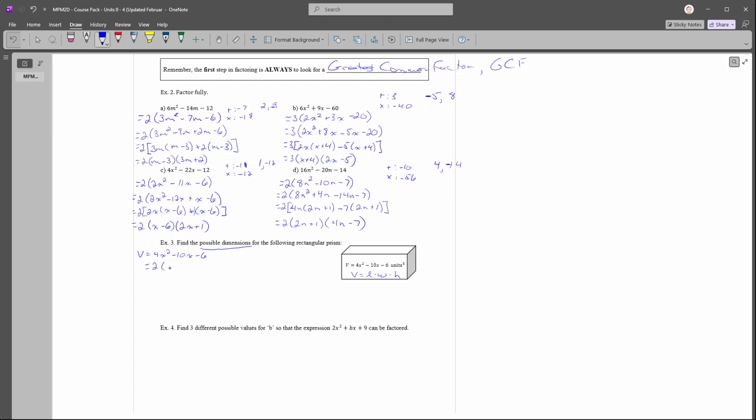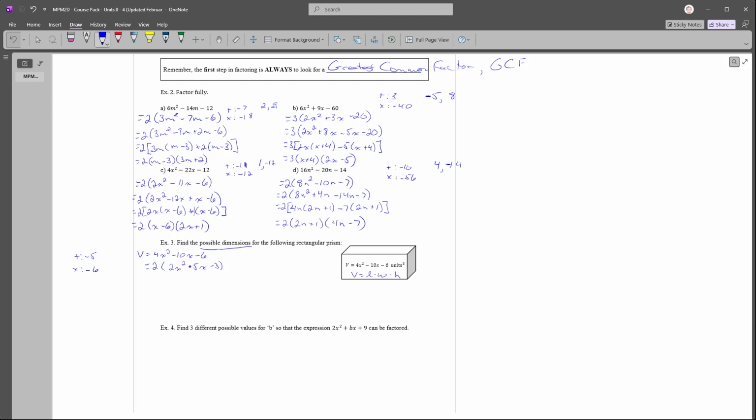So now we have 2 times 2x squared minus 5x minus 3. Now we need to find 2 terms that add to the b term, which is negative 5, and multiply to ac, which is 2 times negative 3, which is negative 6. Now this is negative, so they're going to be opposite signs, and this is negative, so it means the bigger one is going to be the negative.